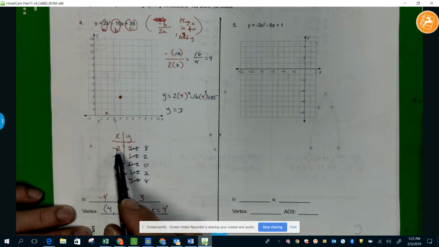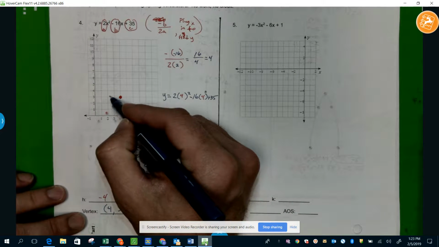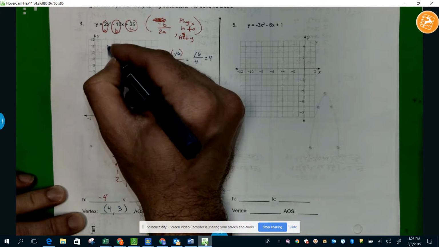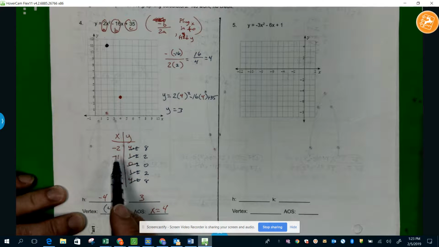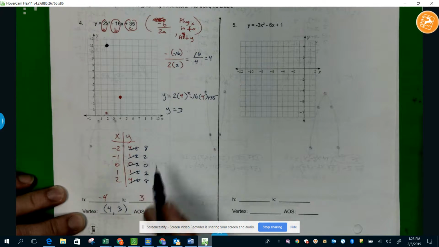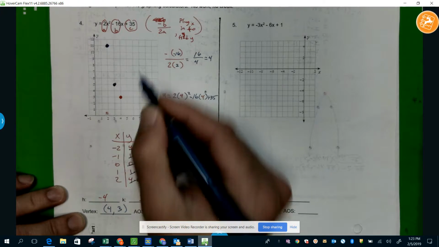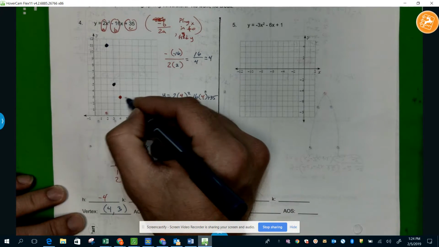So from my vertex, I'm going to go left 2, up 8. I'm also going to go from my vertex left 1, up 2. And then 0, 0, that is the vertex, we ignore that one. We're going to go right 1 and up 2.